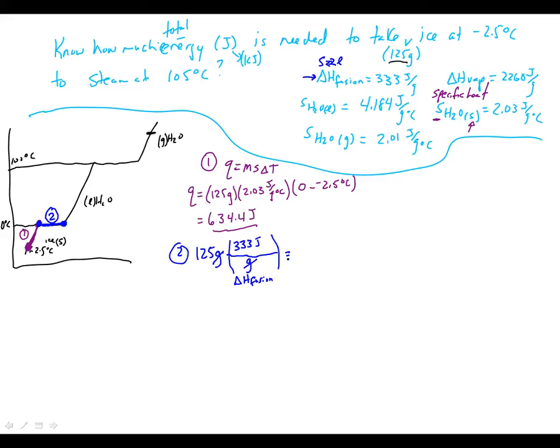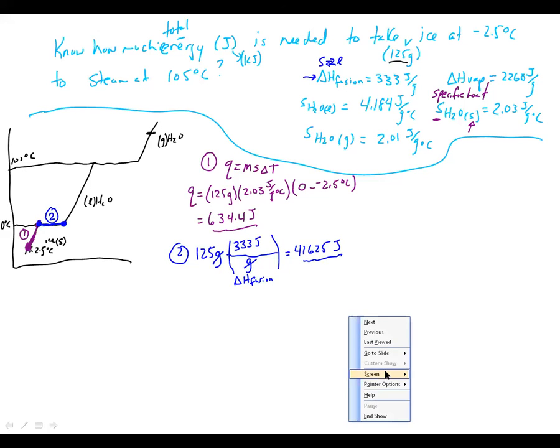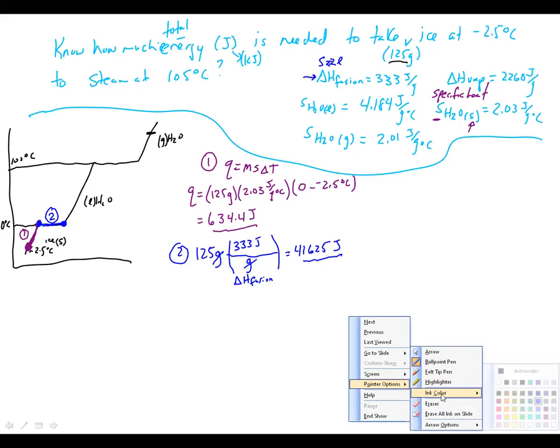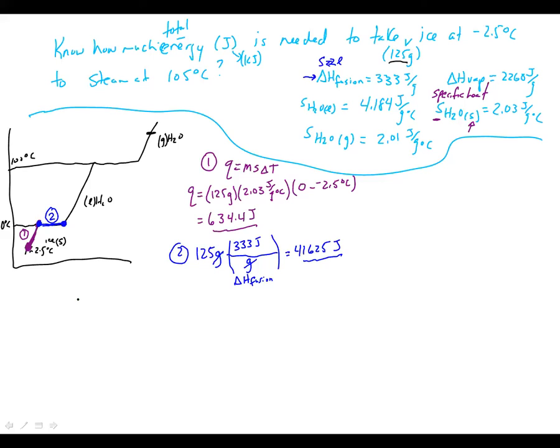We get 125 times 333, which looks like 41,625 joules for this step in the process. Any questions up until there? At this point, we are now sitting with liquid water at 0 degrees Celsius, which is close to where we want to get.